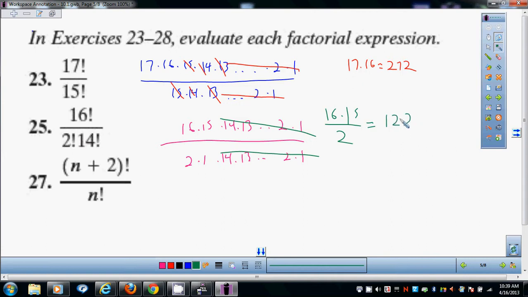Now, the last one is a little more abstract. I'm going to give you all a second to look at that, and somebody raise your hand and explain to me what's going to happen. What exactly is going to happen?